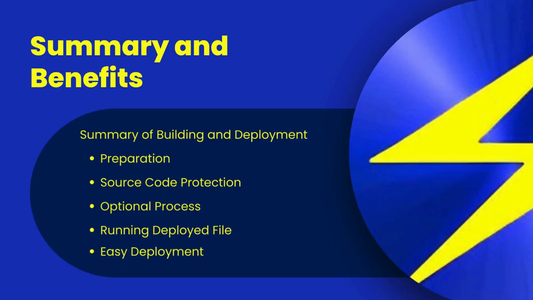Building and deployment of Sheerpower programs involves processes akin to compiling and linking, ensuring your application is ready for distribution and execution. By converting your source file into a compressed, base 64 encrypted sprun file, you protect your source code from being viewed or modified. This deployment process is optional and does not impact runtime performance.